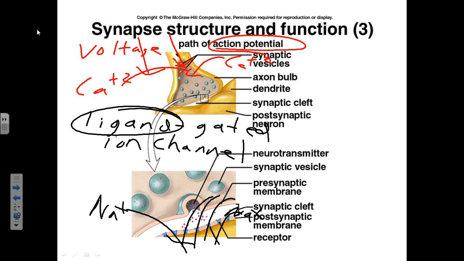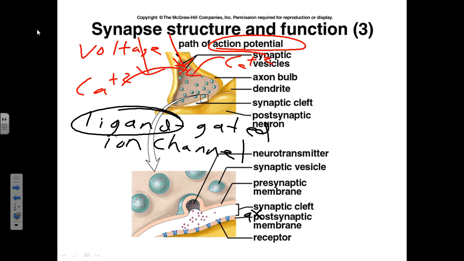But before we get into the how-to of that, right after these neurotransmitters do their thing, what should happen to them? After they bind to that ligand-gated ion channel, what ought to happen almost immediately to the actual neurotransmitters? They should either be broken down or taken back up into this presynaptic neuron.